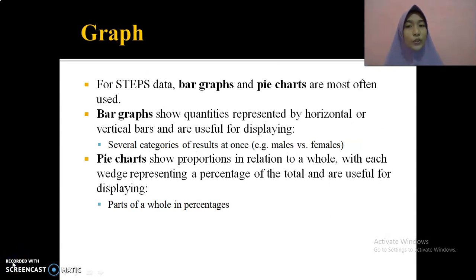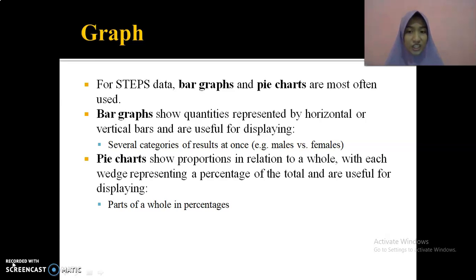And second is using graphs. For survey data, bar graphs and pie charts are most often used. Bar graphs show quantities presented by horizontal or vertical bars and are useful for displaying several categories of results at once, for example, males versus females.